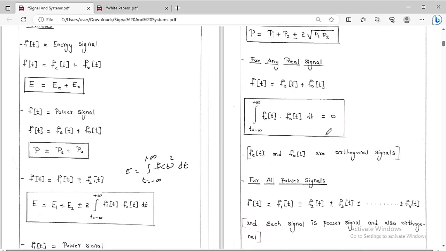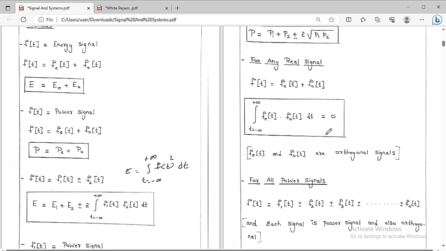Now let's go to another concept, which is for any real signal. I've already told you, and we have just discussed, that any real signal can be represented as a summation of an even signal plus an odd signal. So any signal f of t, I can represent as the summation of the even signal as well as the odd signal: f of t is f e of t plus f o of t.